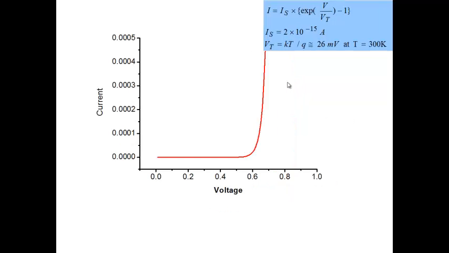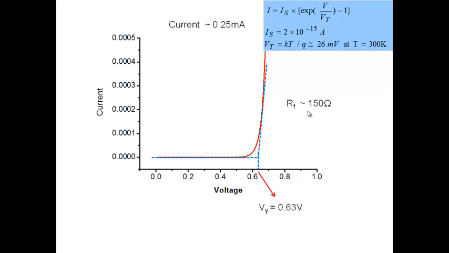Now the range of current is 0.25 milliamperes. Earlier the average current was about 25 milliamperes; now it is 0.25 milliamperes. I do the same thing, approximating it by two line segments. Now V gamma comes out to be 0.63 and the slope comes out to be 150 ohms. So it all depends on the range of current that you're interested in.